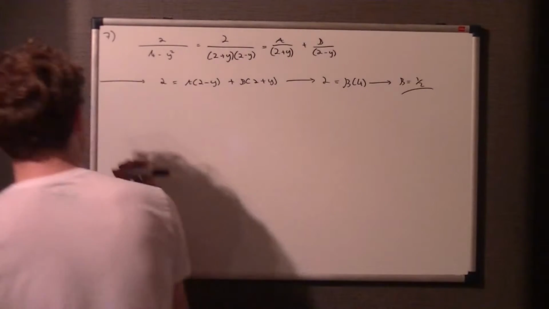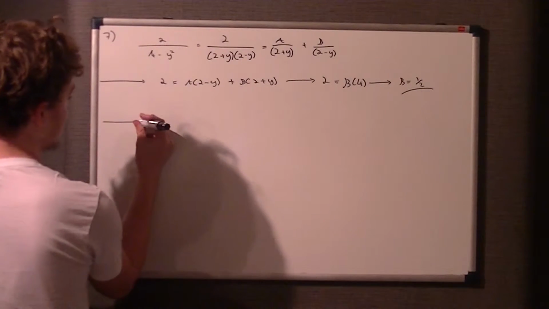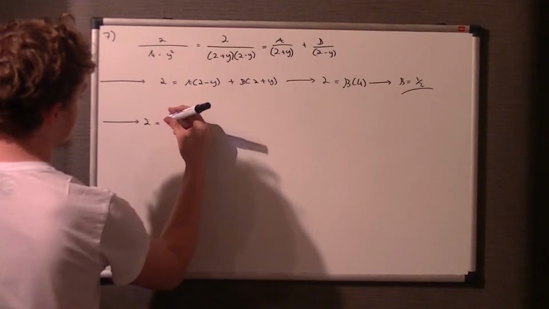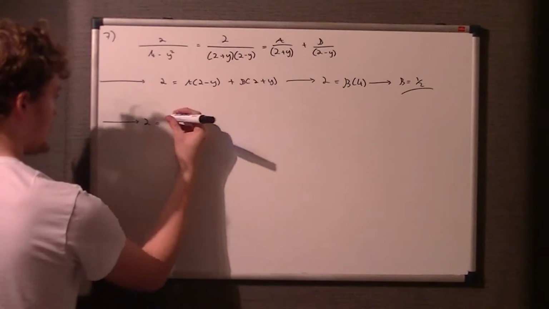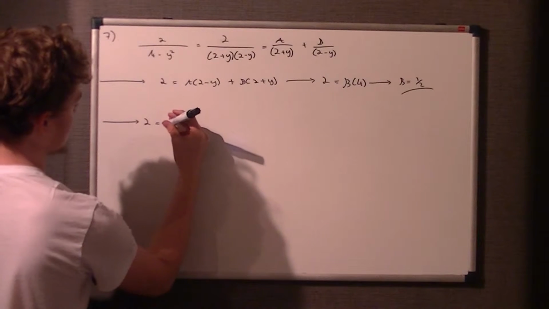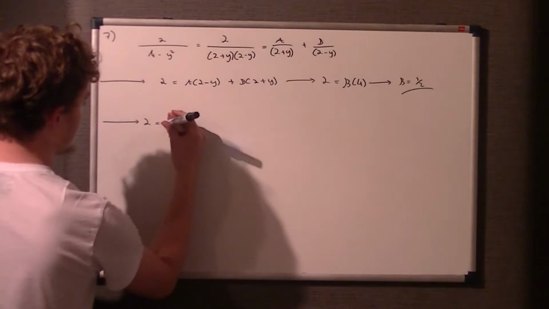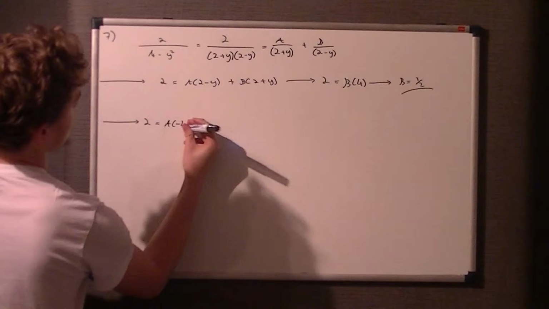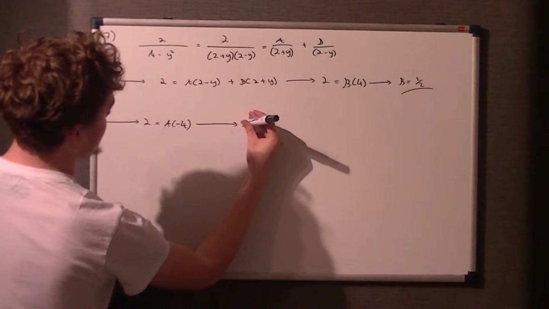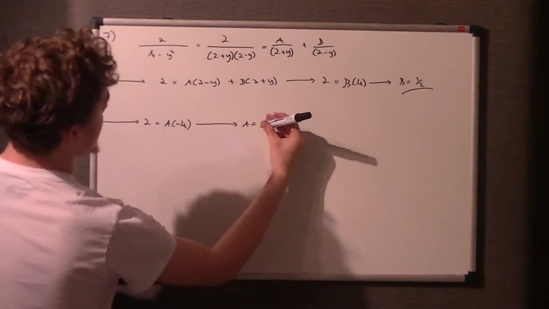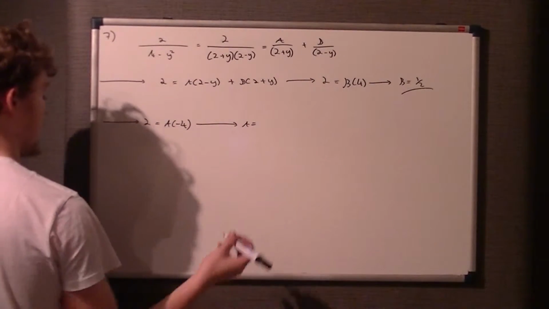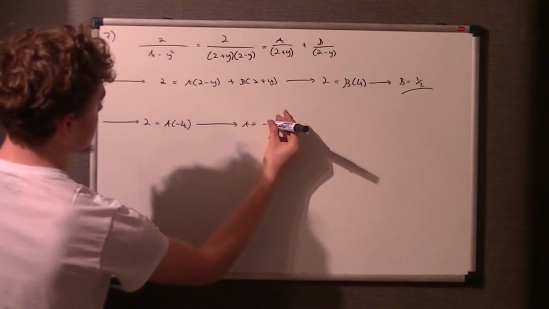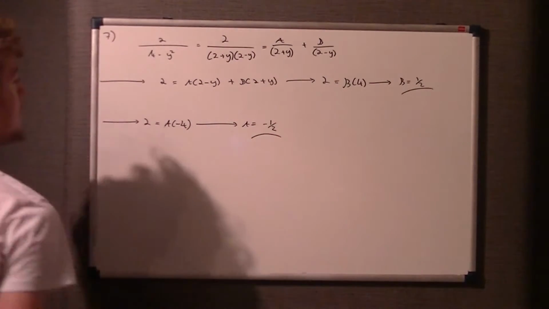Do a similar thing to find A. We make the other factor equal to 0, so therefore y must be minus 2, so therefore 2 is equal to A times minus 4, sorry, so therefore A must be equal to, negative 4A is equal to 2, so you divide both sides by negative 4, so A is negative a half, okay?